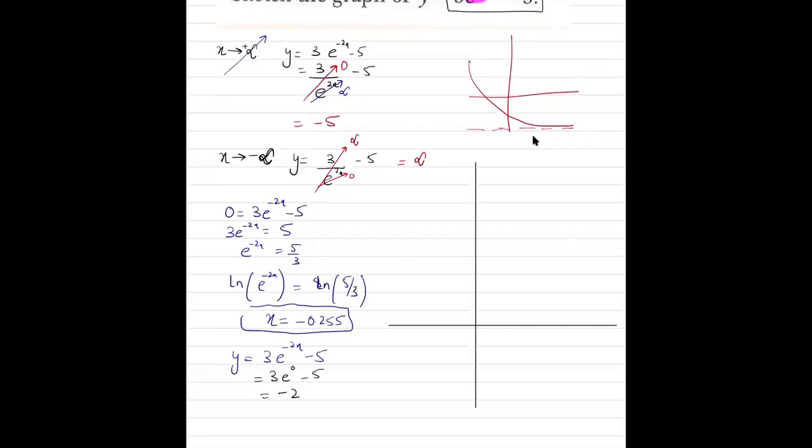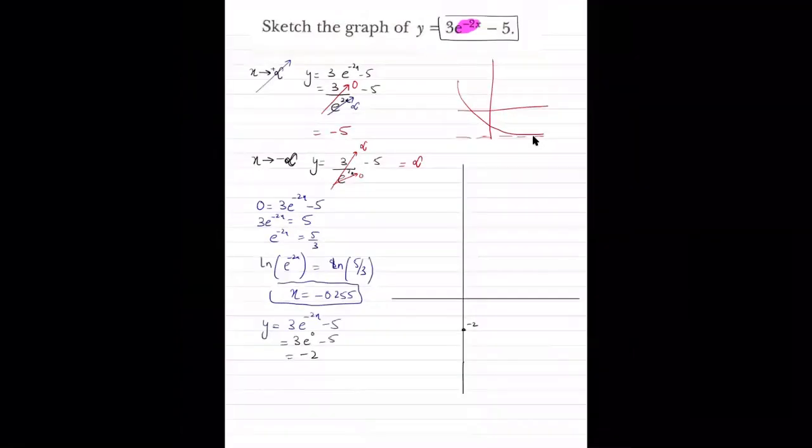So this is -2, -3, -4, this is -5. So I cannot go below -5, and the shape is going to be something like this.